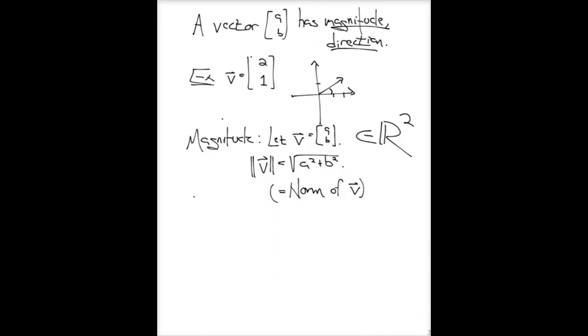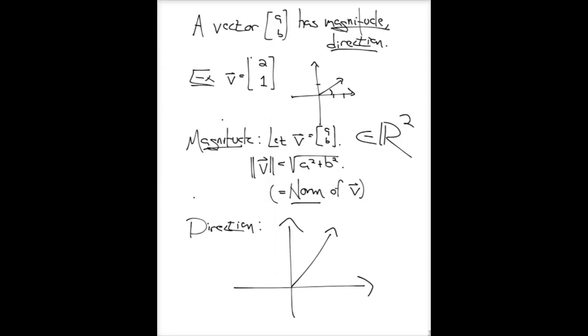You'll also often hear the magnitude referred to as the norm of the vector. Magnitude and norm are in the literature the same words for the same notion. To record the direction of the vector, as I mentioned above, we could take the vector and measure the angle subtended by the vector and the x-axis, so this angle right here.